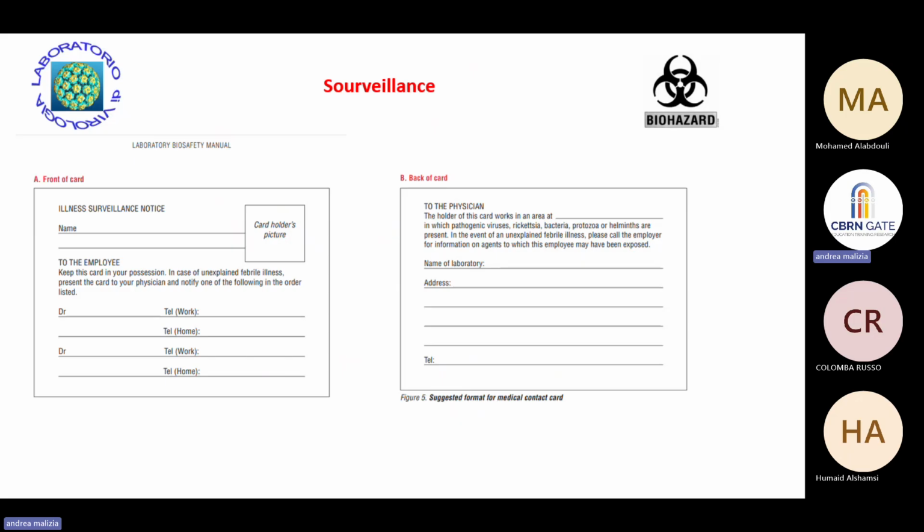Usually suggest a format for medical contact. You offer it to each operator that works in BSL-3 and BSL, in particular in BSL-4.